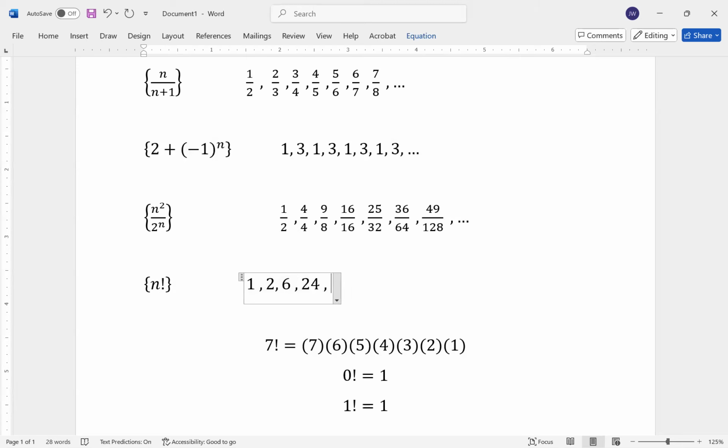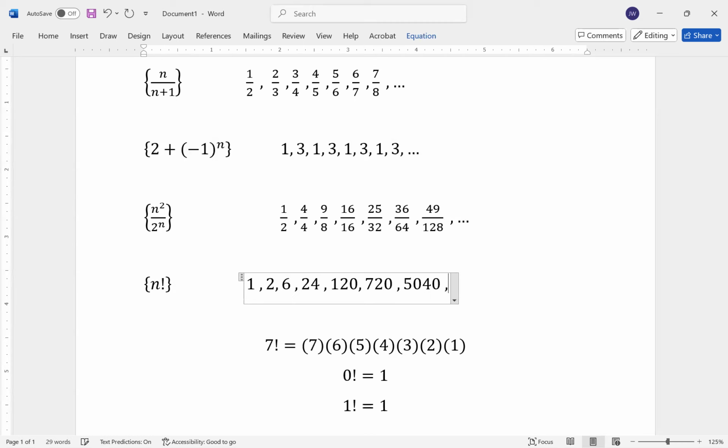And then 5 factorial, I can either do the whole 5 factorial, or I can just take 24 times 5 and get 120. When I multiply by 6, I get 720. That's 6 factorial. And then when I multiply by 7, I get 5,040.